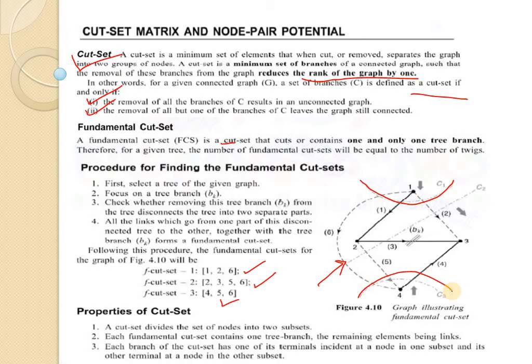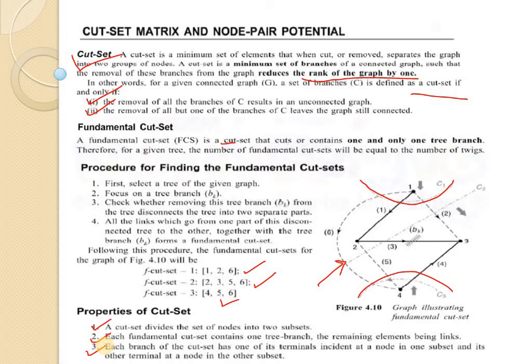And the cut set must maintain some properties. First, a cut set divides the set of nodes into two subsets. Secondly, each fundamental cut set contains one tree branch and the remaining branches are links. And in each cut set, each branch has one of its terminals incident at a node in one subset and the other terminal at a node in the other subset.